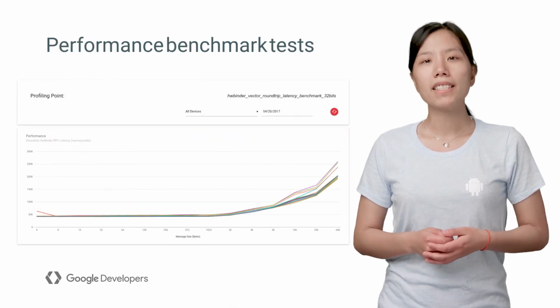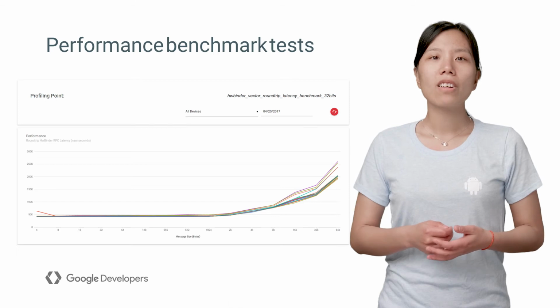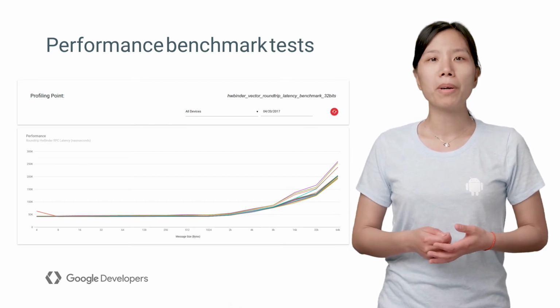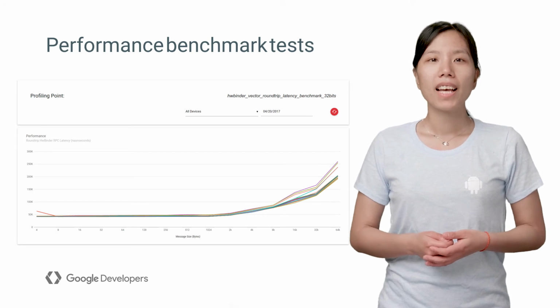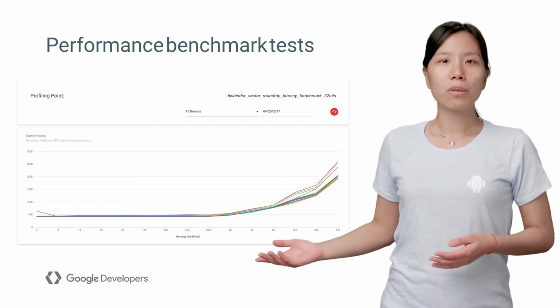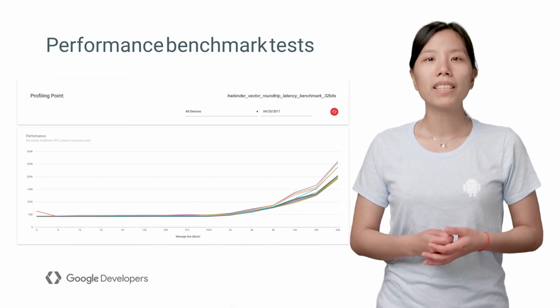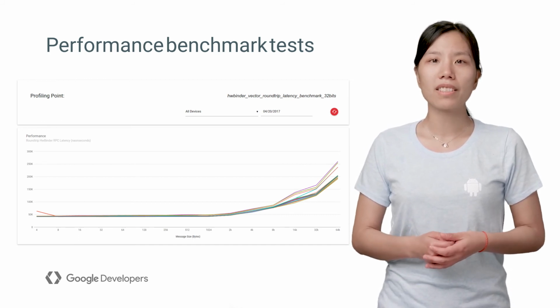Besides API latency profiling, VTS also supports performance benchmark tests for more general-purpose performance analysis. As an example, this is a graph generated by VTS that shows our hardware binder performance benchmark test results.